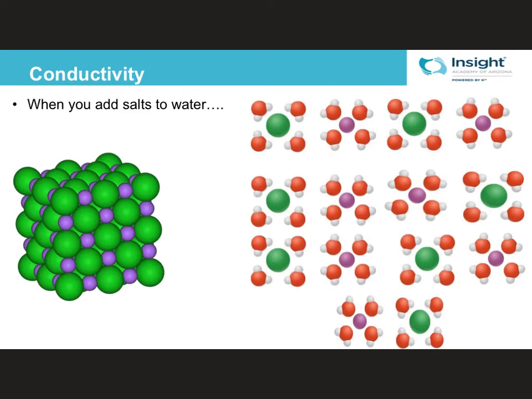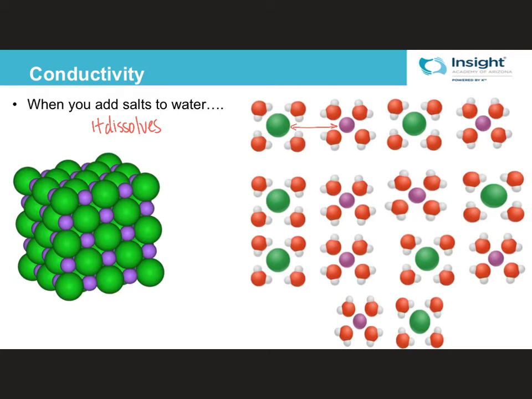There's also the ability of ionic compounds to dissolve in water. When you add salt to water, it dissolves. What that means is, and again, this isn't actually breaking the bond, it's more that the water is interfering with the attraction between these two.